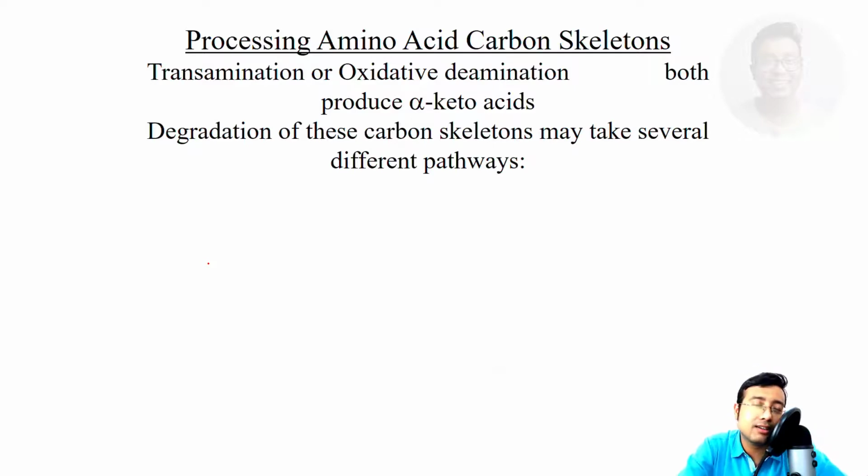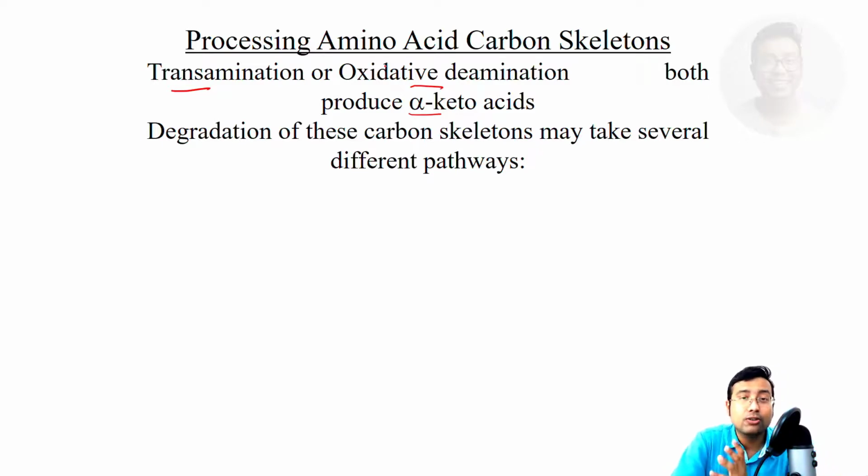So the nitrogen part is removed by transamination, deamination, oxidative deamination, and finally by urea cycle. And both transamination and oxidative deamination produce alpha keto acid, that is either aspartate or oxaloacetate, right? However, the carbon skeletons are still remaining.